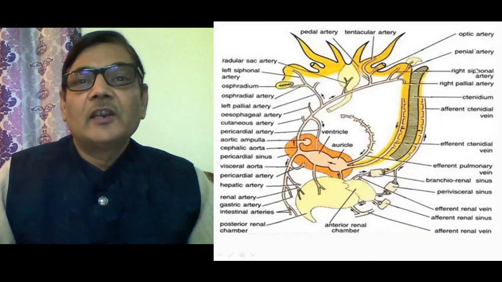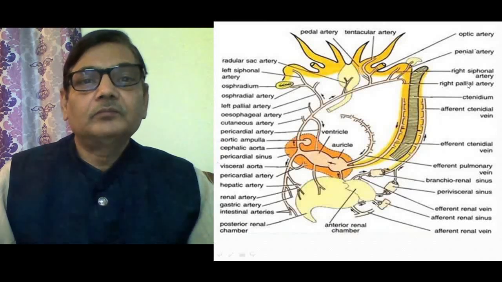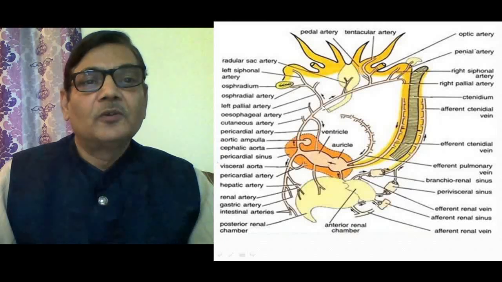Then the right siphonal artery, supplying blood to the right nuchal lobe or right pseudoepipodium. This one is the right pallial artery, supplying blood to the right side of the pallium or mantle. So these are the arteries which go to the anterior side through the cephalic aorta.